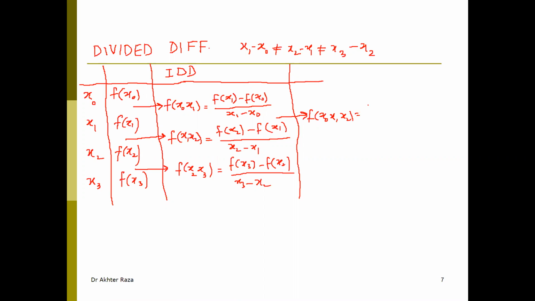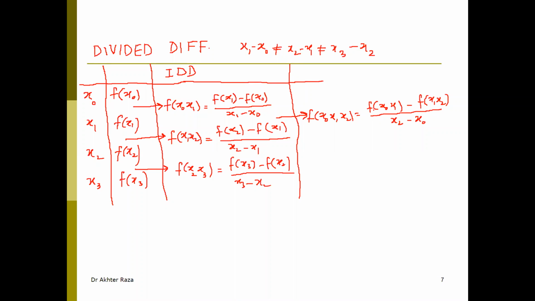This is computed as f x naught x1, this answer, and this answer, minus f x1 x2, divided by x2 minus x naught.